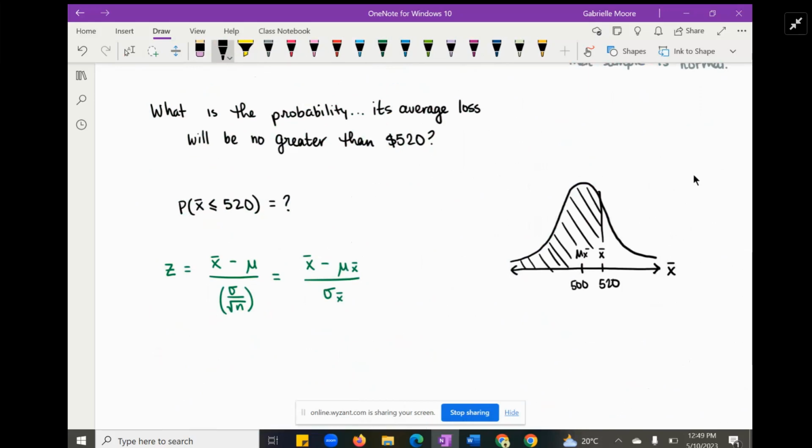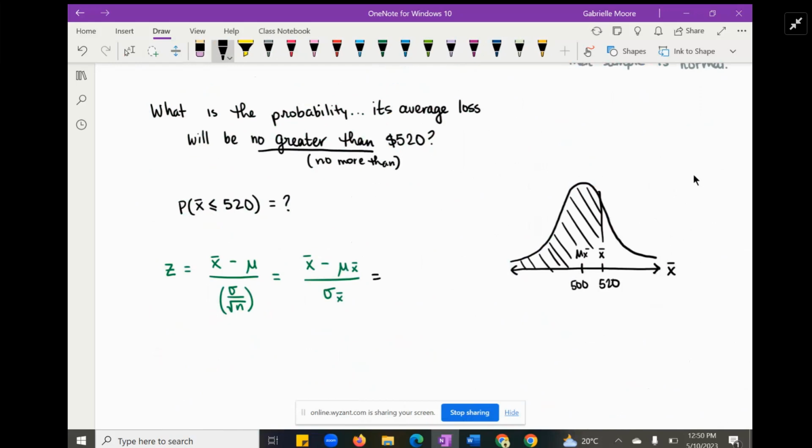And the reason why is it says no greater than, or no more than, which means we're dealing with an inequality such as this as it relates to the X bar symbol and 520. We're going up to 520. That means we have a left area, to the left, that we're looking for.